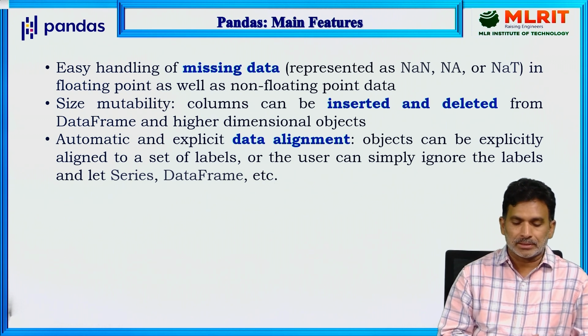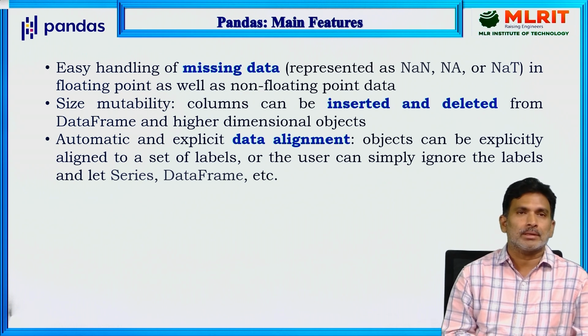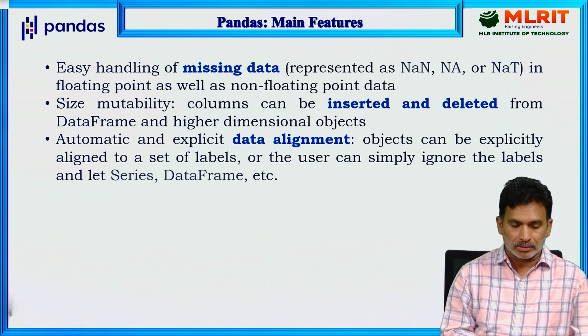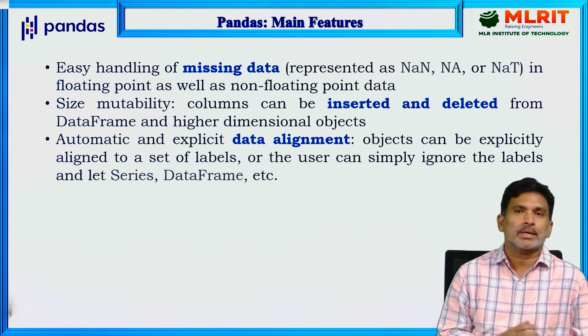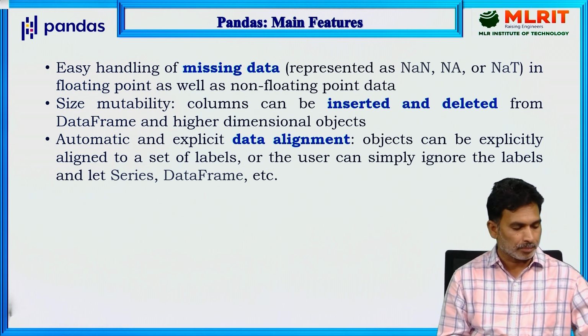Automatic and explicit data alignment is another important feature of Pandas. Objects can be explicitly aligned to a set of labels, or the user can simply ignore the labels and let the series, data frames, etc.